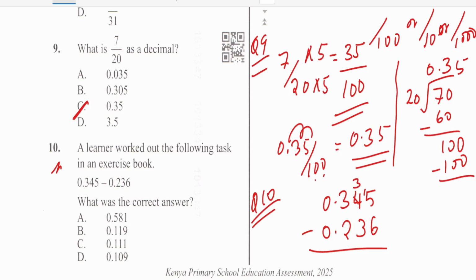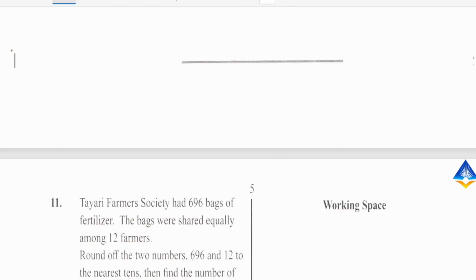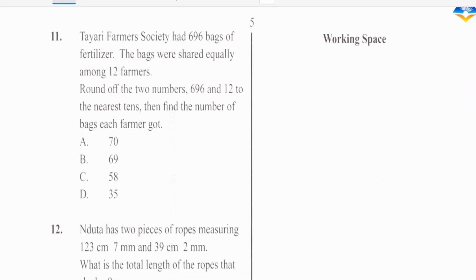So 15 minus 6 gives you 9, and 3 minus 3 gives you 0, 3 minus 2 gives you 1, 0 minus 0 is just 0 point. So therefore your answer is 0.109, which is just this. Okay. Now let's go to question 11.